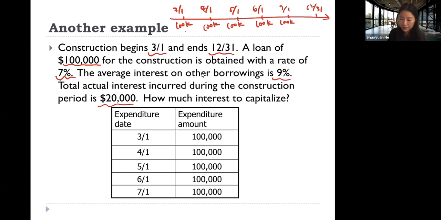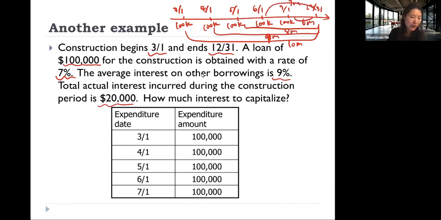So the first expenditure is occupied on the project for 10 months. The second one is occupied for 9 months. The third one is 8 months. And we have 7 months and 6 months.